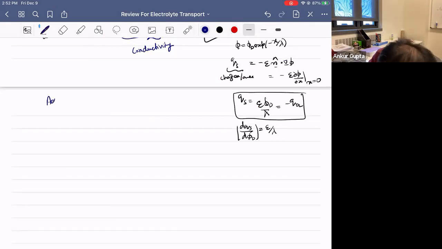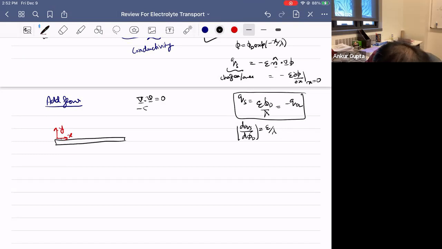If we add flow to the system, the problem we mostly discussed was the electroosmosis problem. So here the main thing to remember is that now we have del dot V equal to 0 and 0 equals minus grad P, and this is the Stokes equation, a low Reynolds number equation, plus, and I'm ignoring gravity for now.